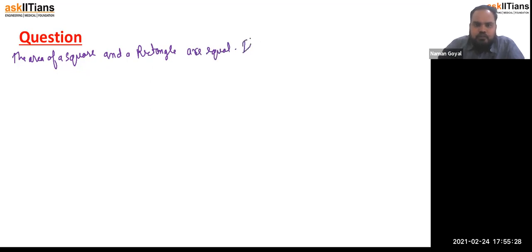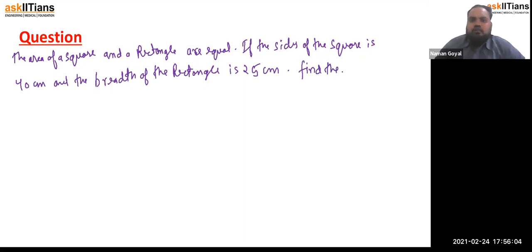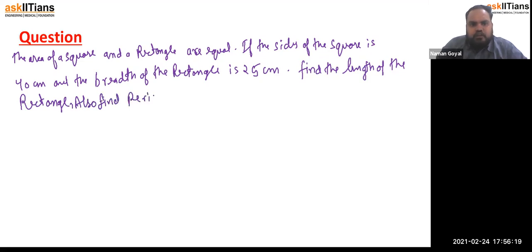If the side of the square is 40 centimeter and the breadth of the rectangle is 25 centimeter, then find the length of the rectangle, and also find the perimeter of the rectangle.